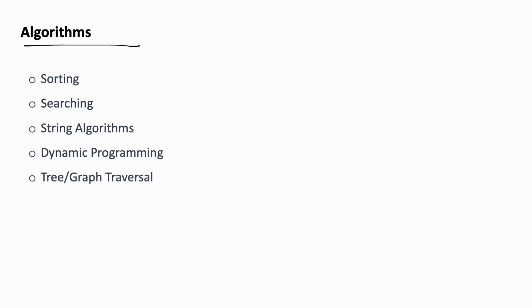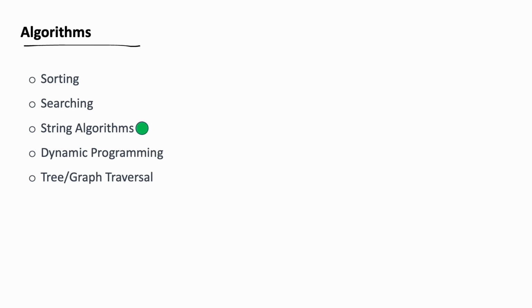Okay, let's talk about some of the common algorithms. One is sorting, when you want to keep the data in a particular order, either ascending, descending, or based on some other factors. Searching: you have items and you want to search for some of them, so you can use a technique like binary search or other techniques to search faster.